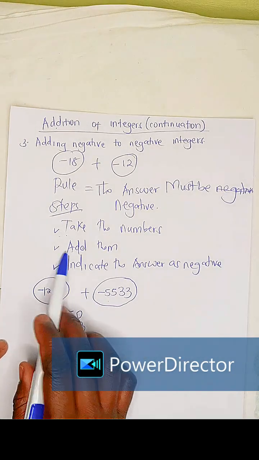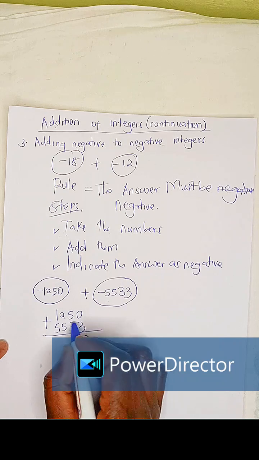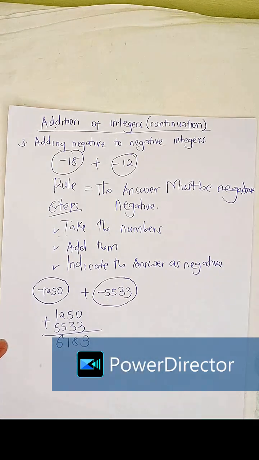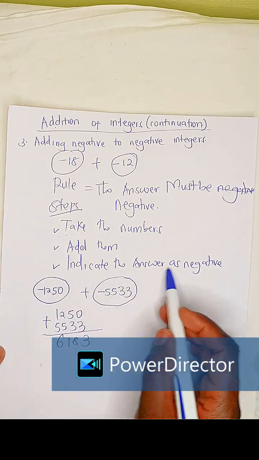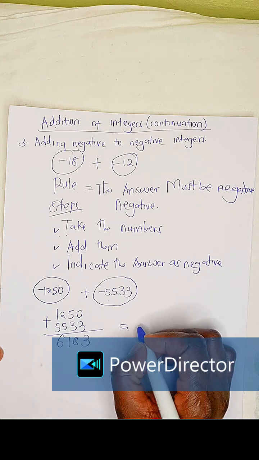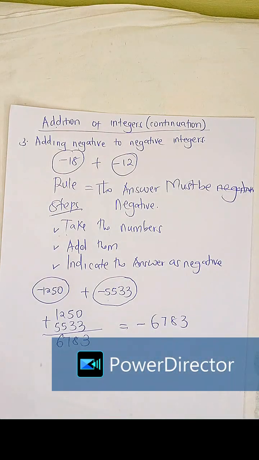Number two step, add them. So this is 3, this is 8, this is 7, and this is 6. And then the last step indicates the answer as negative. So we are going to indicate the answer as negative 6783. You see how easy it is.